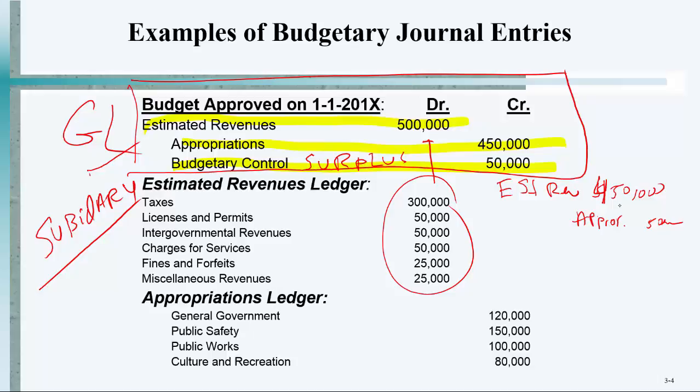Do I need a debit or a credit to make this journal entry balance? I need a debit, right, of 50,000. We're not going to mess you up that much. I debit that 50,000. I will debit budgetary control, won't I? And this is called what? This is called a deficit.